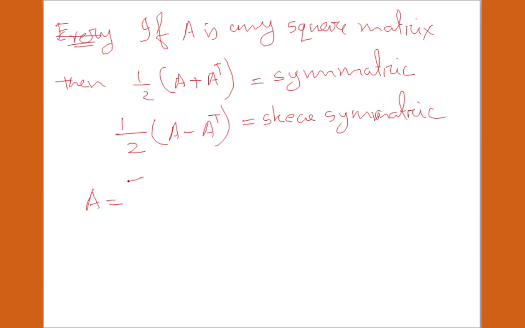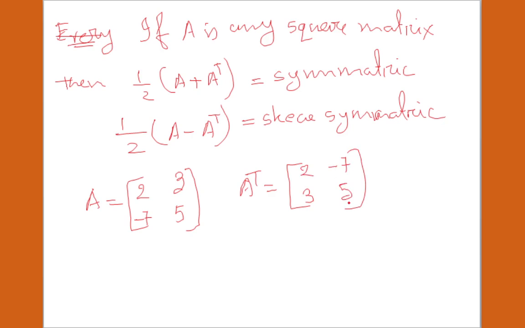Suppose A is the matrix 2, 3, minus 7, 5. Now let's find half of A plus A transpose. So A is 2, 3, minus 7, 5. Then A transpose is 2, minus 7, 3, 5. Now we have to calculate half into A plus A transpose.